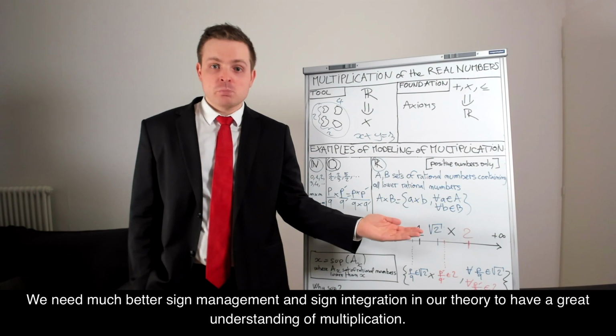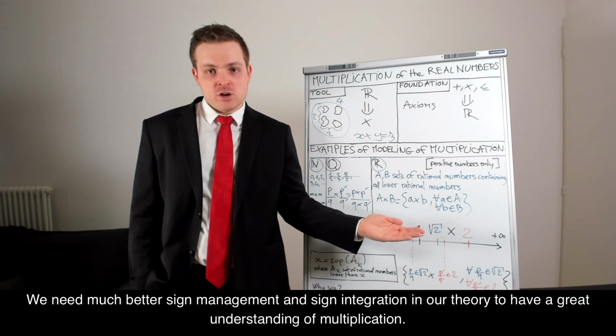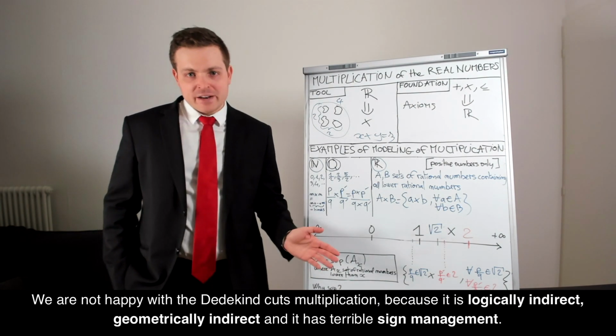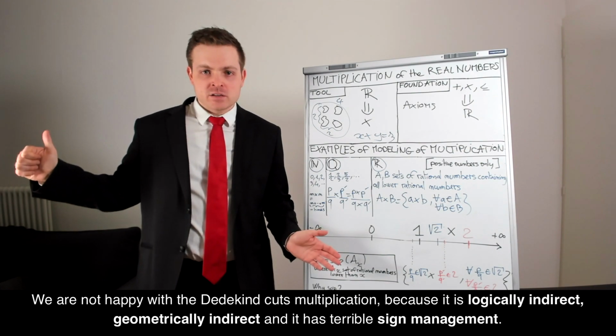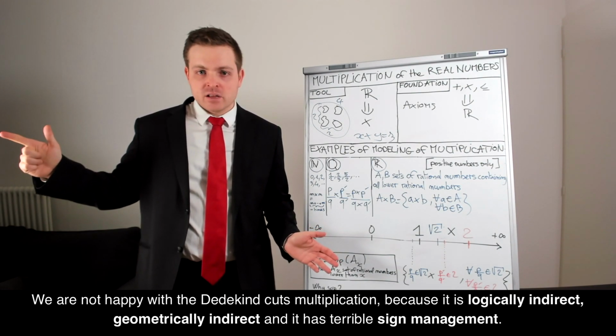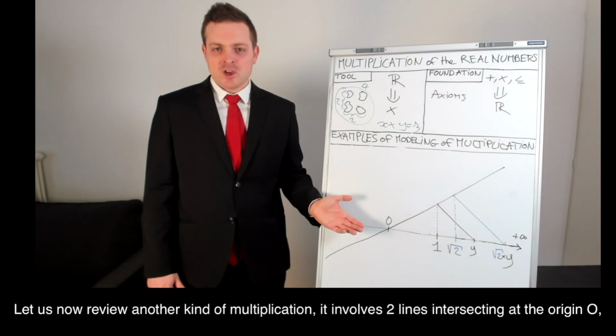We need much better sign management and sign integration in our theory to have a great understanding of multiplication. We are not happy with the Dedekind cuts multiplication because it is logically indirect, it is geometrically indirect, and it has terrible sign management. Let us now review another kind of multiplication.